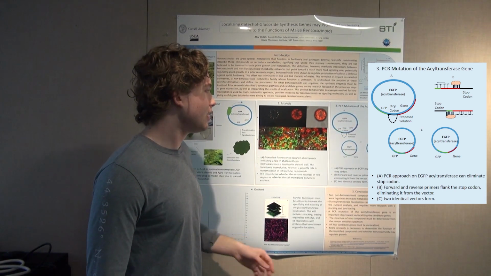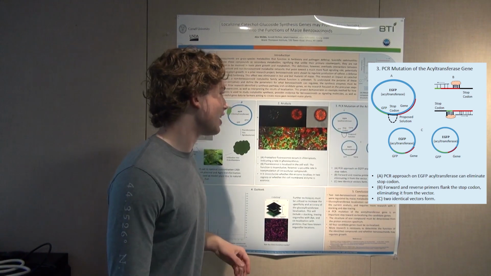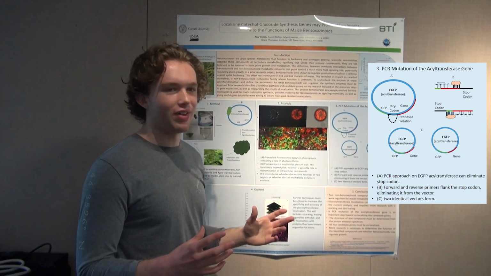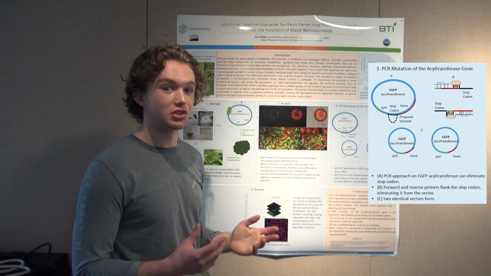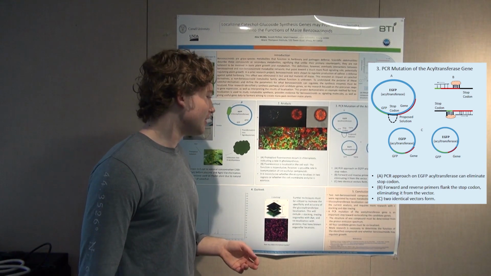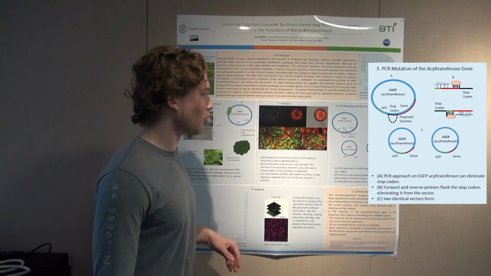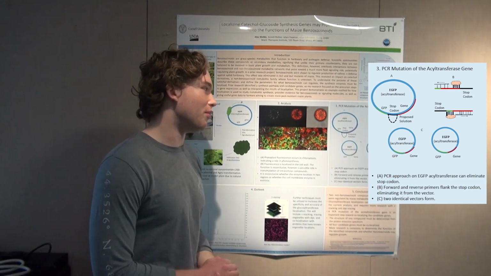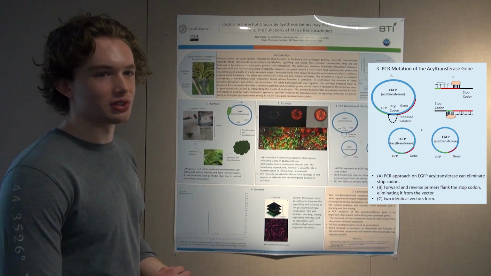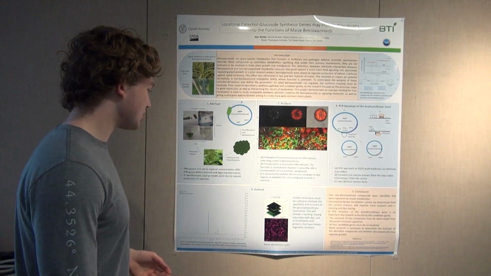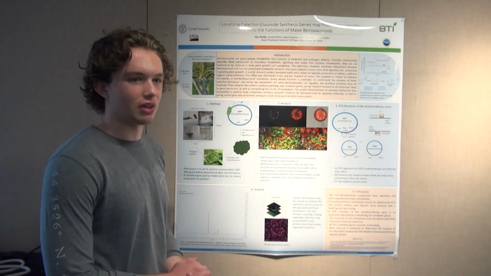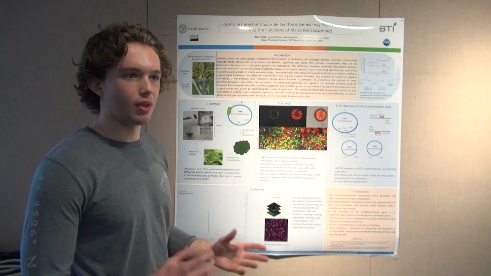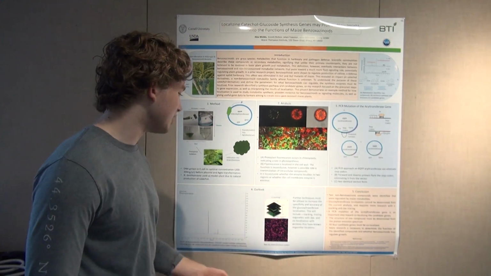And we flanked this with primers. And essentially we created 2 replicate vectors that excluded the stop codon. So this was not successful for us, but this is the method we would use in the future to co-localize the genes.